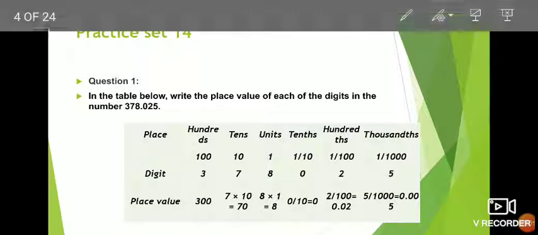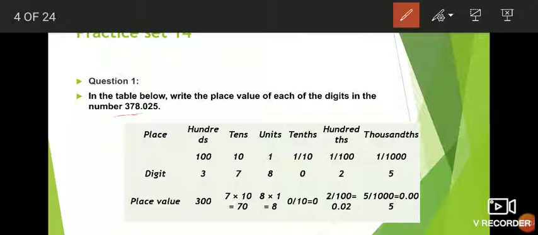378.025. Now last year we studied the place value of each digit. Now see here, first of all we have to write its places. 3 is present at the 100 place, 7 is present at the tens place, 8 is present at the units place. Now after the point the numbers are 1 upon 10, 1 upon 100, 1 upon 1000.